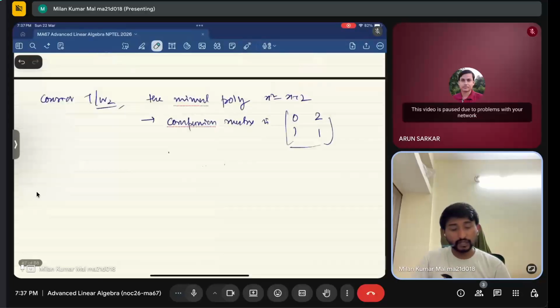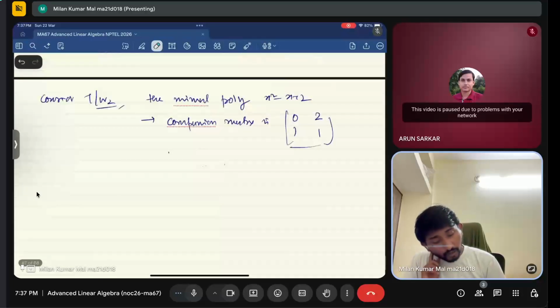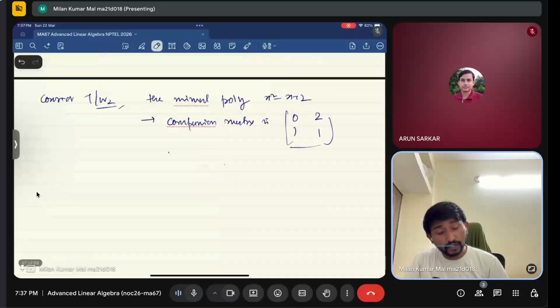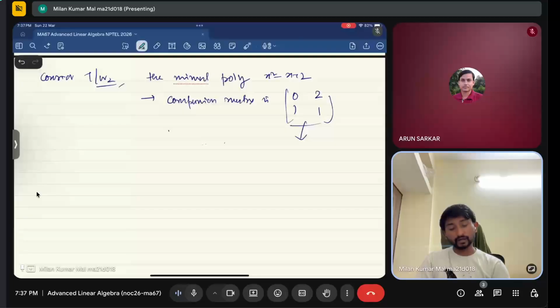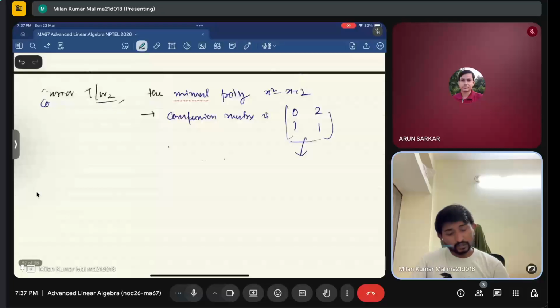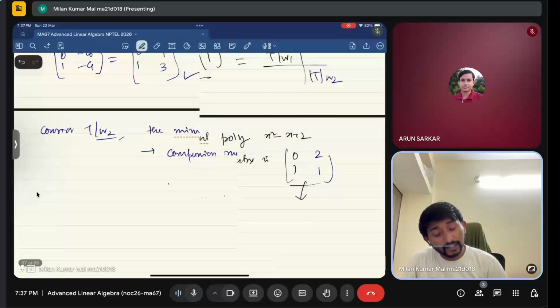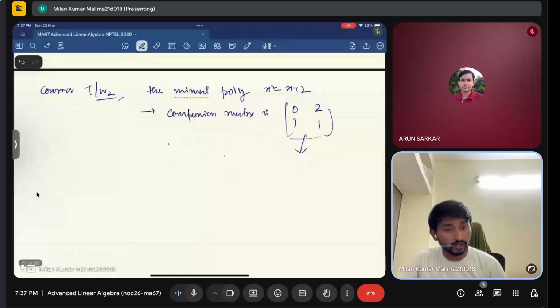But here the vector space V is actually of dimension 6. So how do they appear? The first thing is that at least one of them will appear. Another thing is that they can repeat, but either one will repeat, or the other will repeat. Both can't repeat, and none of them can repeat more than twice.